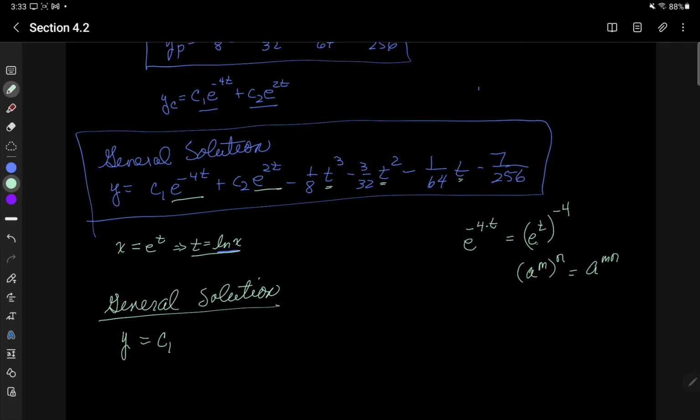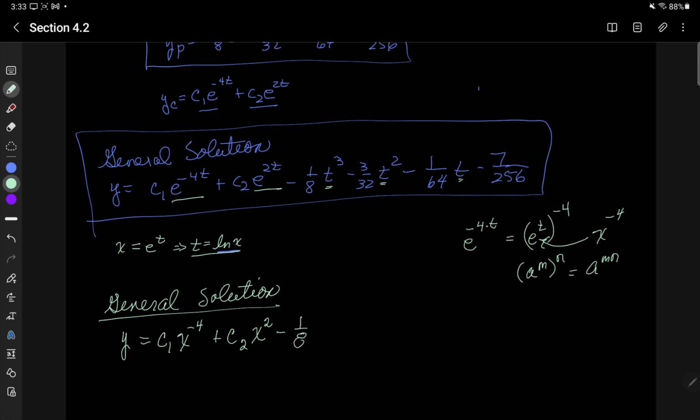e to the t, remember, is x. So this becomes x to the negative 4th. That e to the t becomes x. You get x to the negative 4th. And for that second term, we'll have c2 x squared. Then I have minus 1/8.